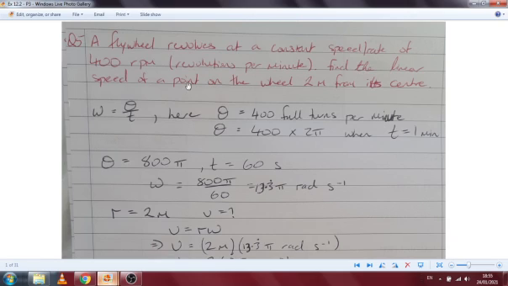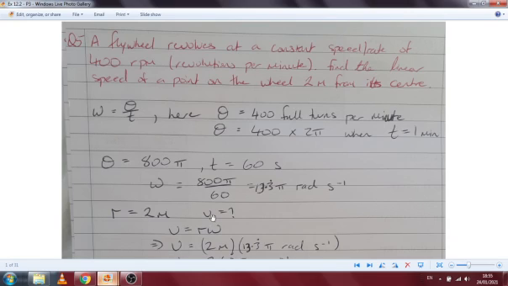So it says find the linear speed of a point on the wheel 2 meters from its center. So I've found its angular velocity, which is 13.3 pi. Then we need to get the linear speed 2 meters away from the center. Typically in physics, every full stop will have a question before and then a question afterwards. So we've got a full stop here, so we've got one thing to find, and then we've got this thing afterwards to find as well.